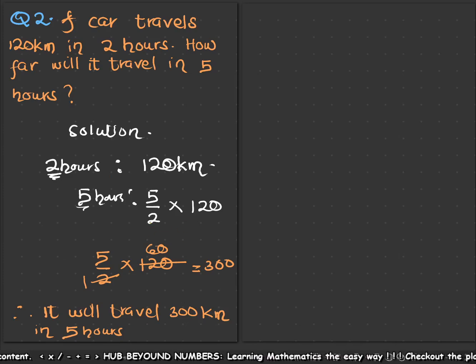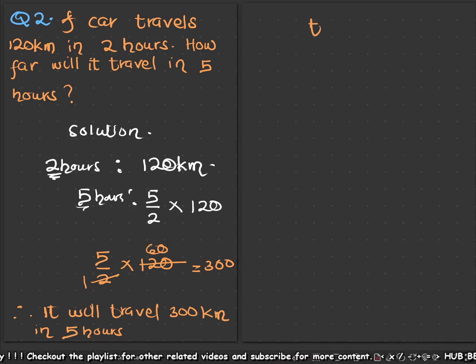With that done, let's look at how we would have solved it if we were to use the previous method. So we know we have once again the distance to time. So the relation between distance and time, it is a direct proportionality.